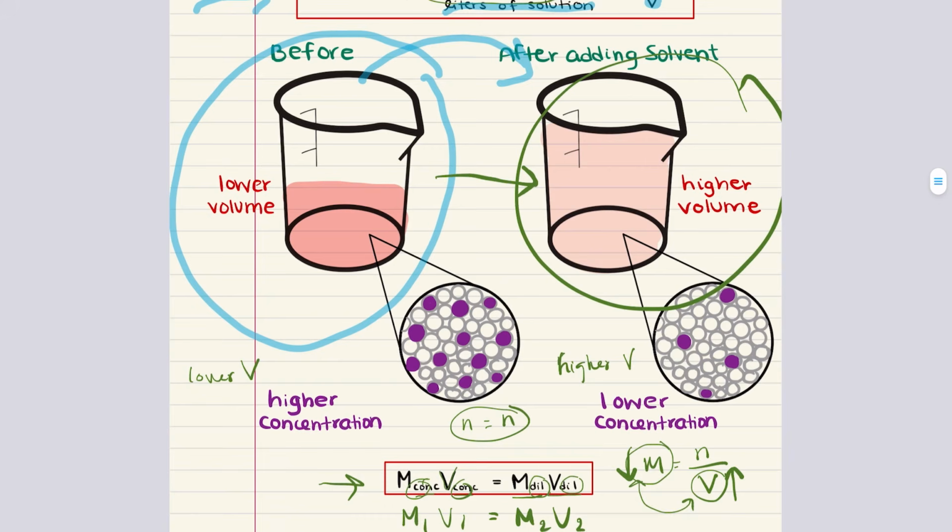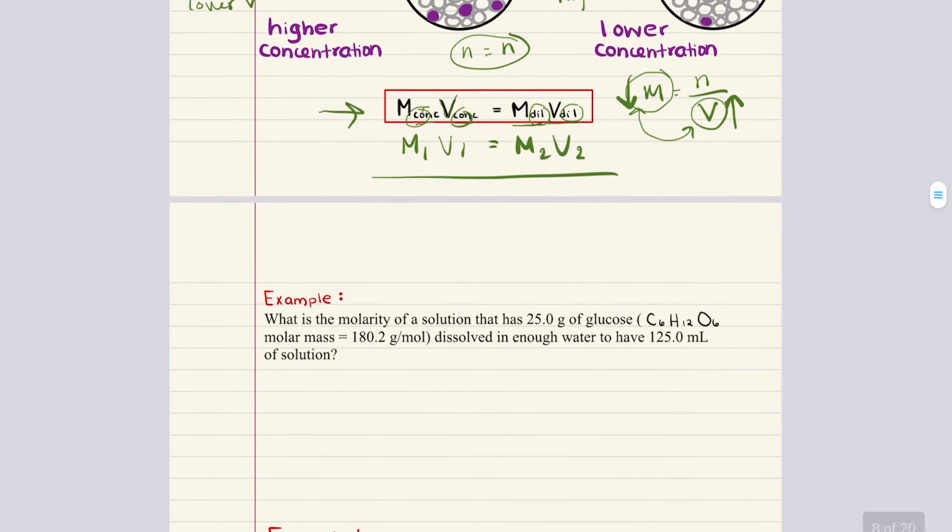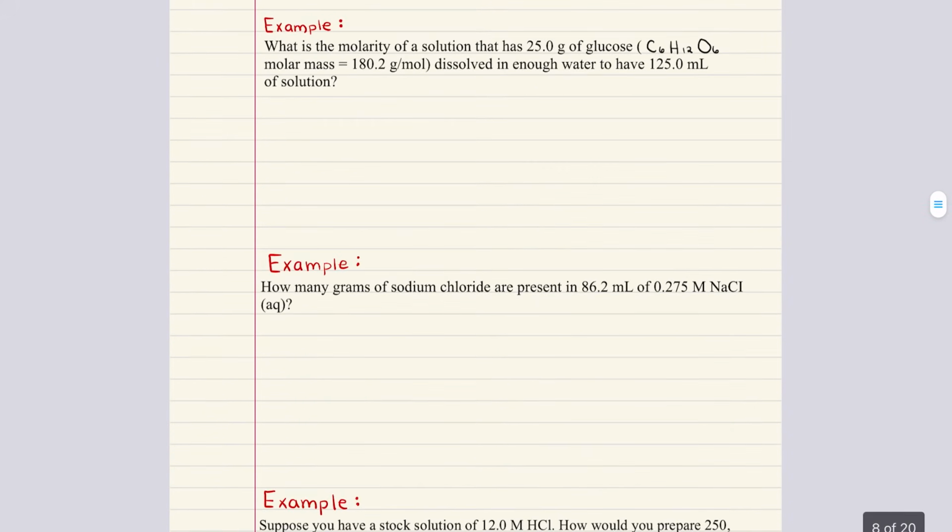This makes more sense when we begin to tackle some practice problems. So let's do a couple together. This first problem says, what is the molarity of a solution that has 25 grams of glucose?